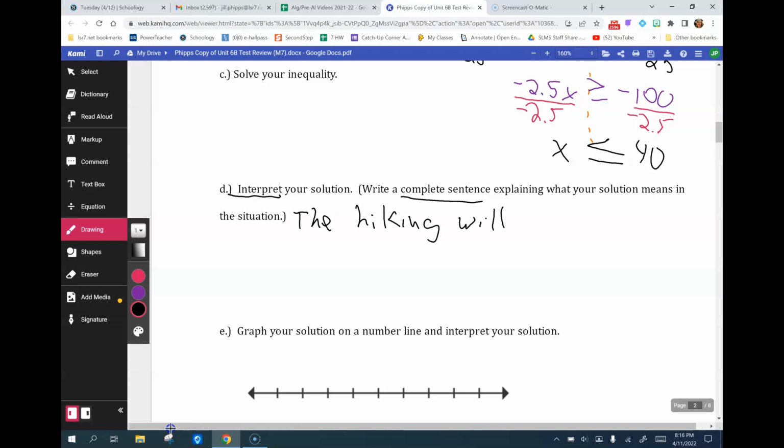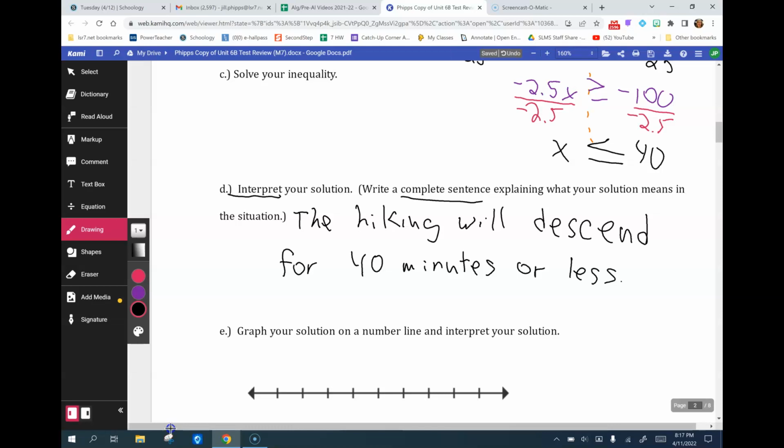So see, we just take the question and we put it back at them. The hiking club will descend for 40 minutes or less. Because we have x is less than or equal to 40. Good, and let's put a punctuation on there too.